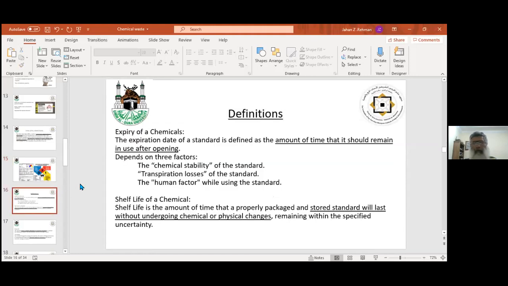Then a few more definitions which we will use in next slides. Expiry of chemicals. If I explain with one example, it will be easy for you to understand what expiry means.